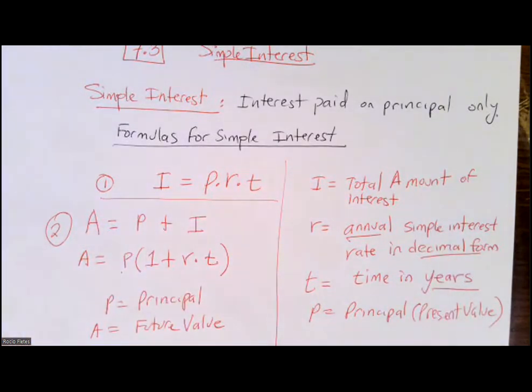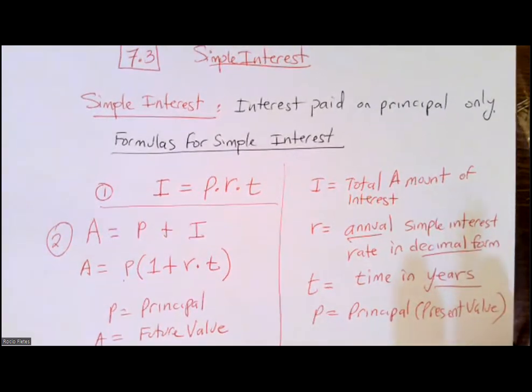I tell you this because chapter 7 on finance has a lot of formulas, and so it is very important to know which one we're going to be using. That comes from reading the problem very carefully. If the word compound is not in the problem, then it's going to be a simple interest question, unless you read compounded this many times. Okay, so I think that's all we have to say here about formulas.